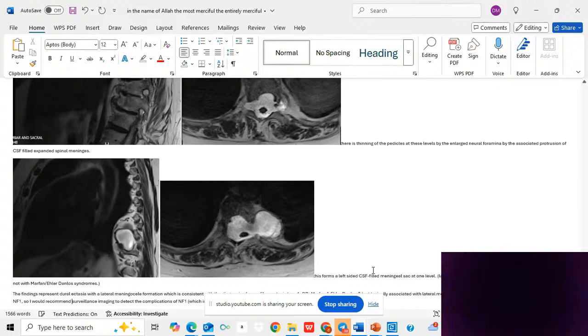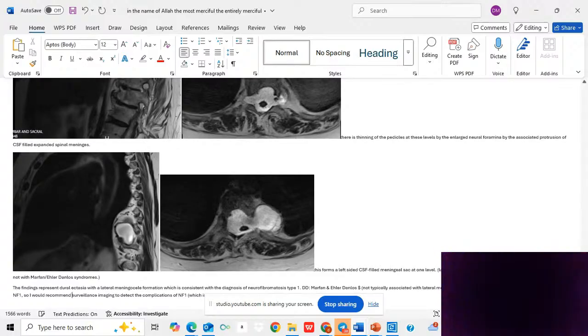This also forms a left-sided CSF-filled meningeal sac at one level. It's called lateral meningocele formation. Lateral meningocele formation is typically seen with NF1, and it's not typically seen with Marfan and Ehlers-Danlos syndrome.